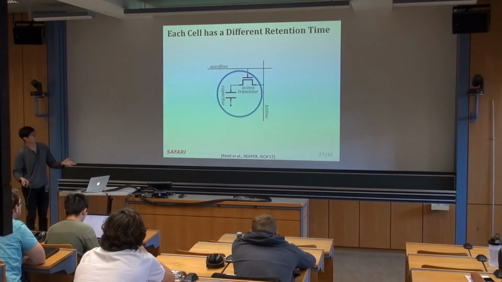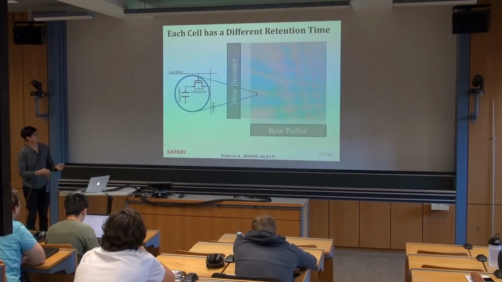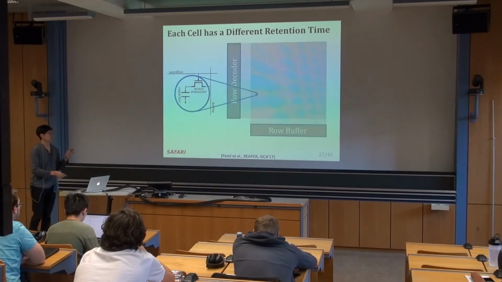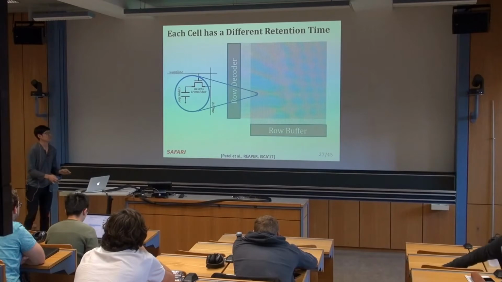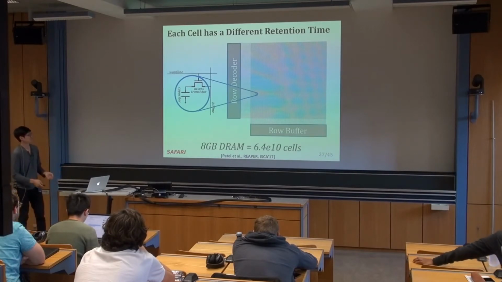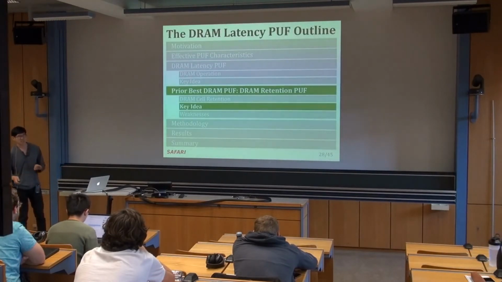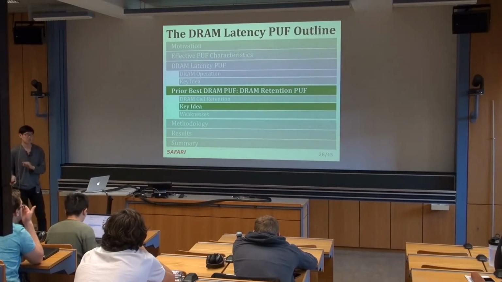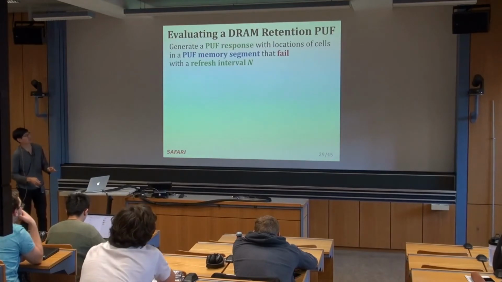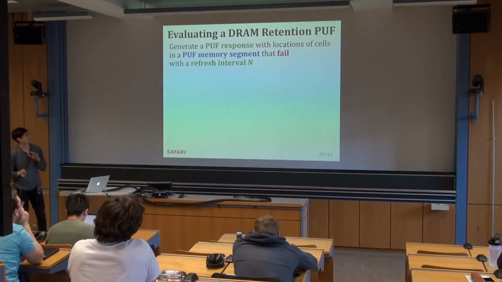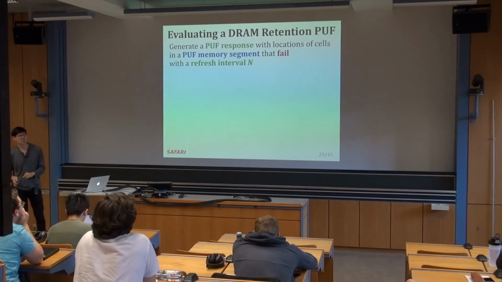Again, DRAM has many cells, and prior work has shown that all these cells have unique retention times, and the retention times are uniformly distributed around DRAM. The prior work shows that these retention failures can be used to uniquely identify a DRAM device. So the key idea of DRAM retention PUFs, which use retention failures for their unique identifiers, is that they generate a PUF response with locations of cells in a PUF memory segment that fail with a refresh interval n.